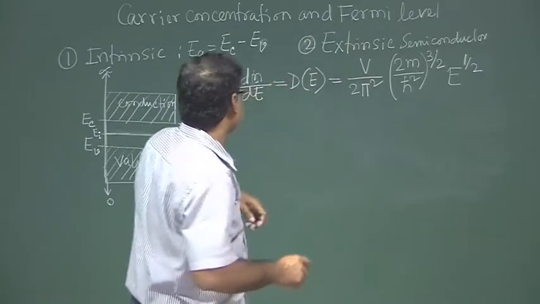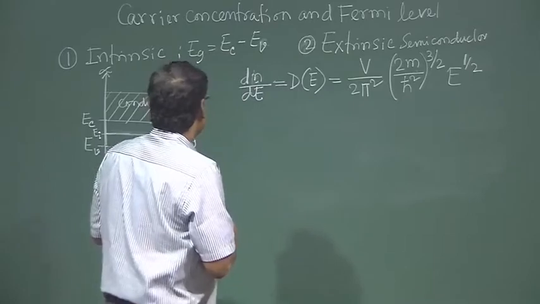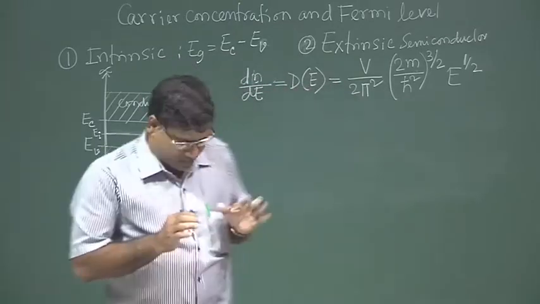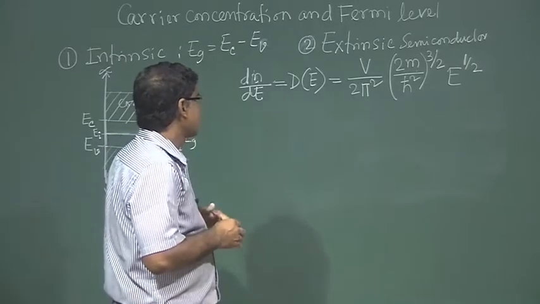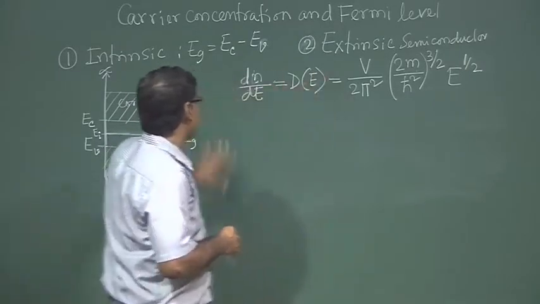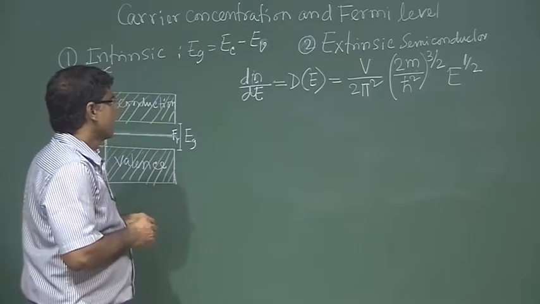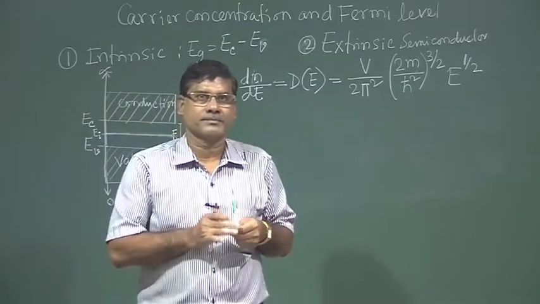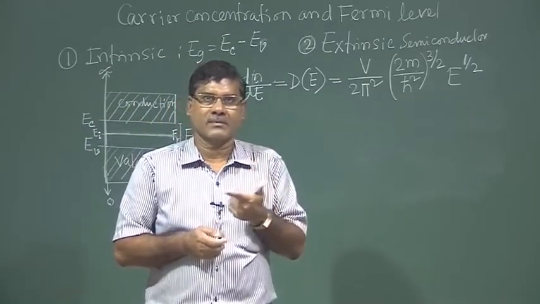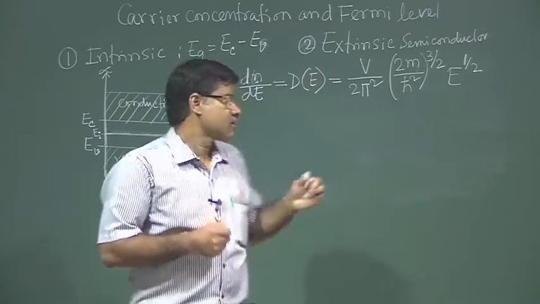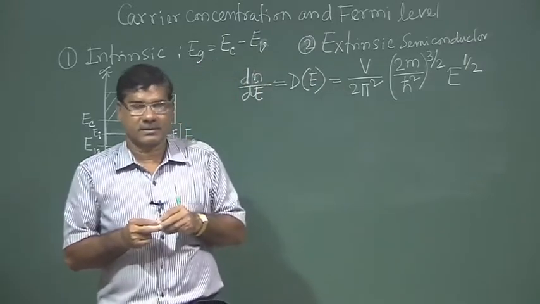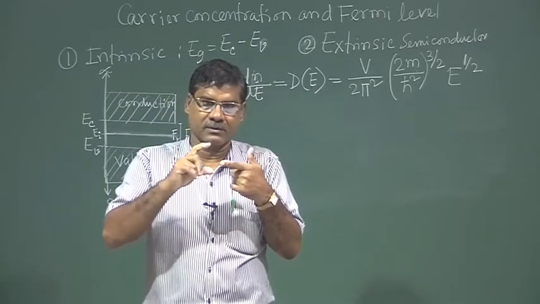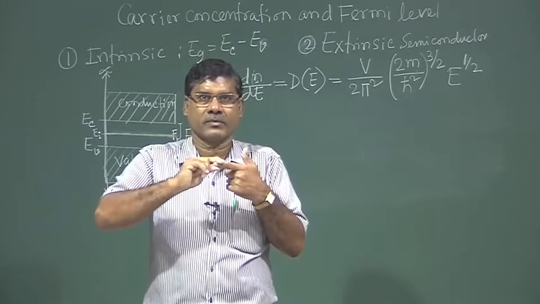Yes, okay. And the Fermi-Dirac statistics. So, this is the density of states. Now, each state will have one electron, because of the density of states we have. In this formula we have considered that one level can take 2 electrons, spin up and spin down.